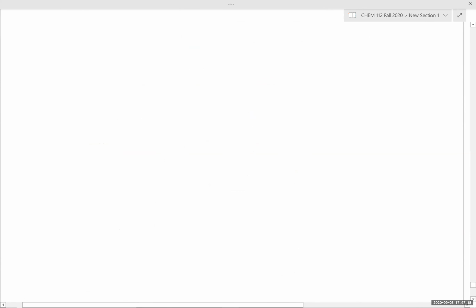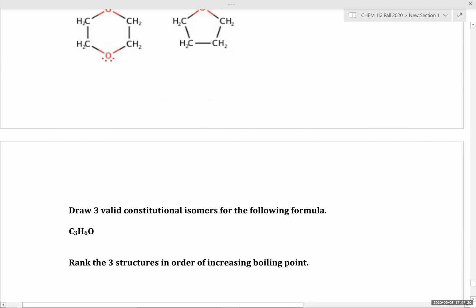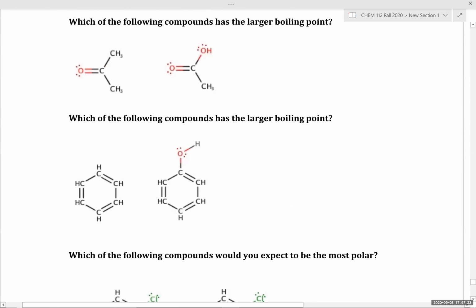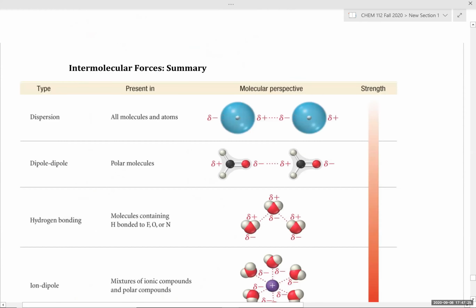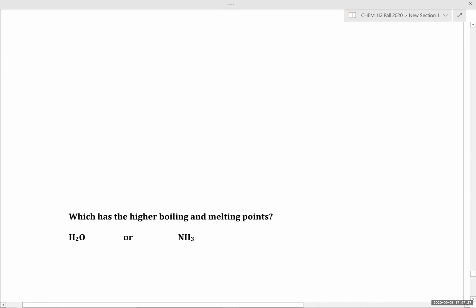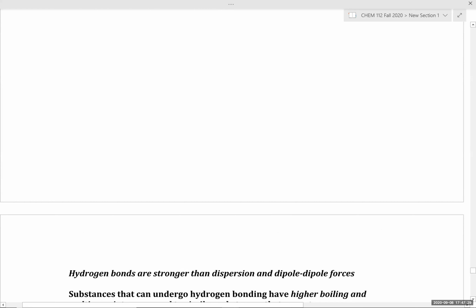One moment, let me go back to the page we're at. Sorry about that. There was a small lag in our connection. Let me return to the page we're at.